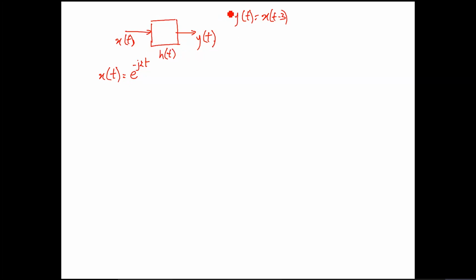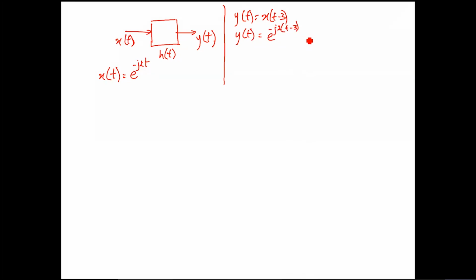Now this is a very simple system. We can directly find the output, because if x of t is this, the output y of t would be just the shifted version. It would be e raised to the power of minus j2 into t minus 3.